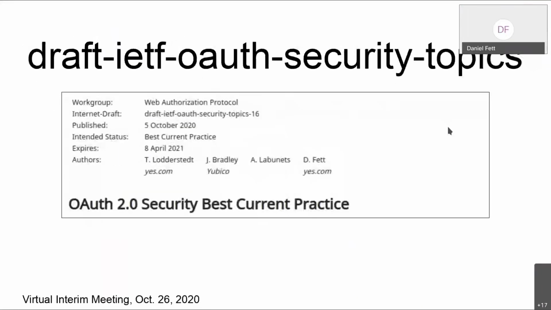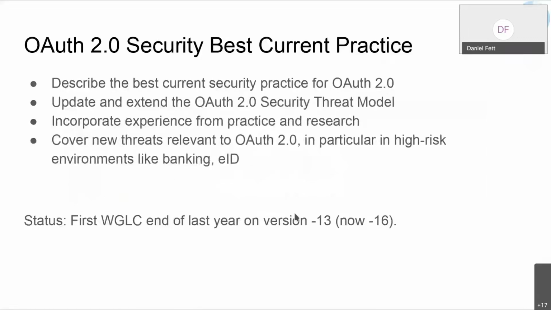Yes. Excellent. Okay, welcome everybody here today. We want to talk about the OAuth 2 security best current practice document, which is a draft by Torsten, John, Andrey, and me. The document itself, as I guess most of you know, sets out to describe the best current security practice for OAuth 2.